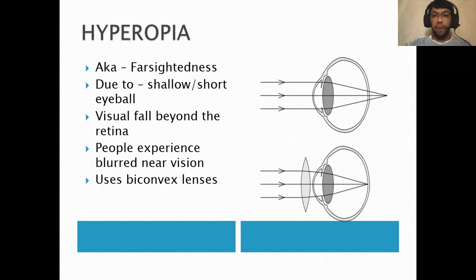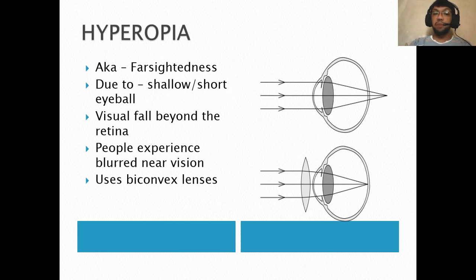So if you have any parent like that, or if you know someone using their cell phone like that, using their phone as far away from their face as possible without their glasses in order for them to read the messages or browse through social networking sites, then they probably have hyperopia. So the visual image falls beyond the retina with this problem.